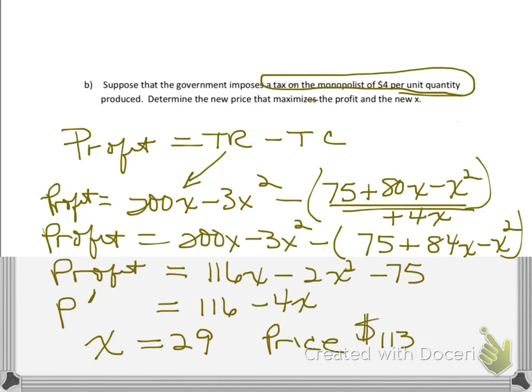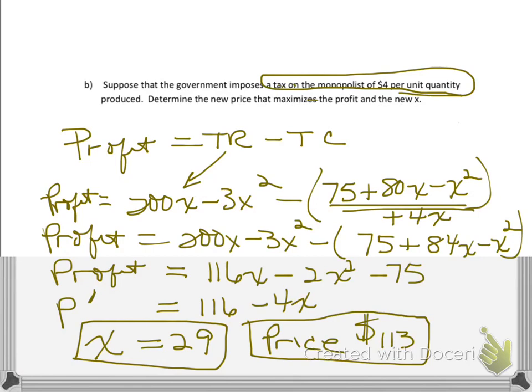So what happens when the government imposes a tax on this monopolist? So looking at the previous price and quantity, they are now only producing 29 units of goods, whereas previously they produced 30. So they decreased their production, and their price went up by $3 because it was $110.